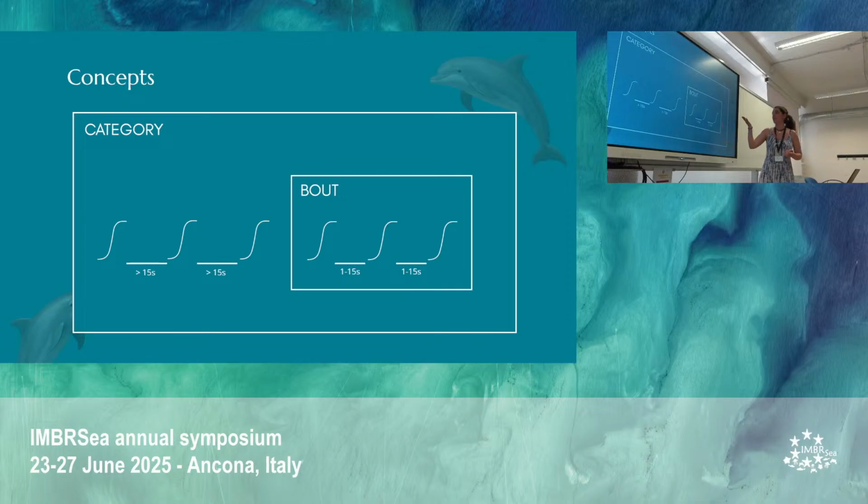But then we also have bouts, where we look at the temporal pattern. If we have a group of the same type of whistle that has an interwhistle interval between 1 and 15 seconds, we can group them into smaller groups and therefore avoid the need of analyzing the entire recording.